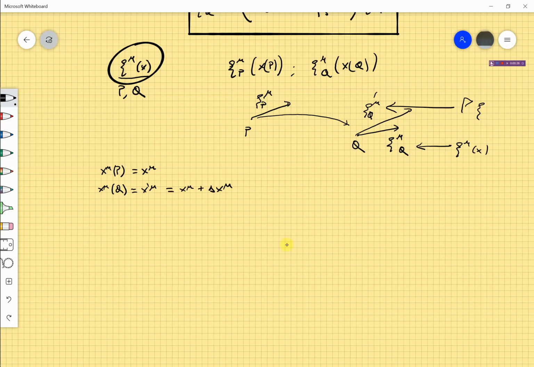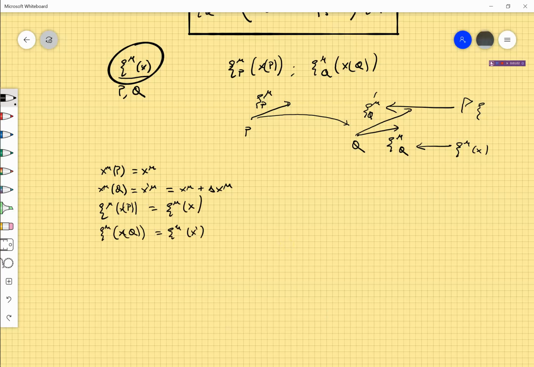Okay, then the components of the field evaluated at P will be just psi mu of x, and the components of the field evaluated at Q will be psi mu of x prime.